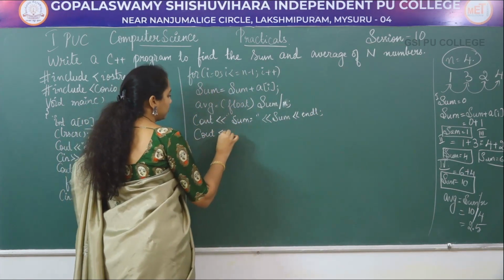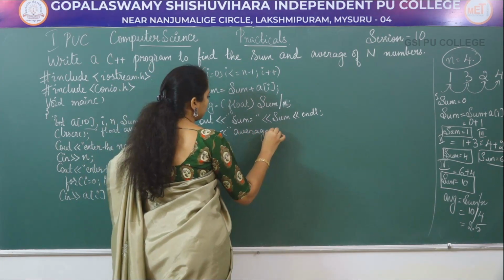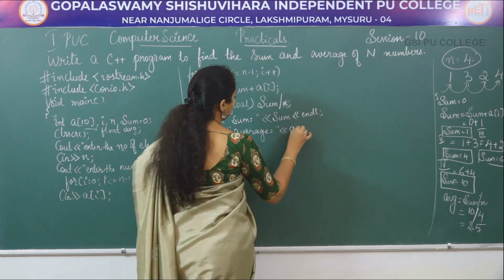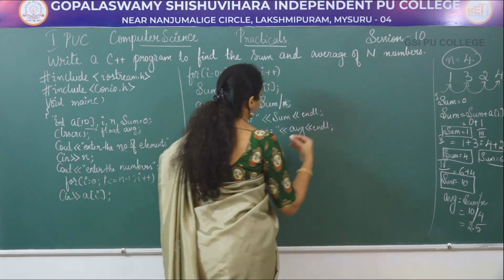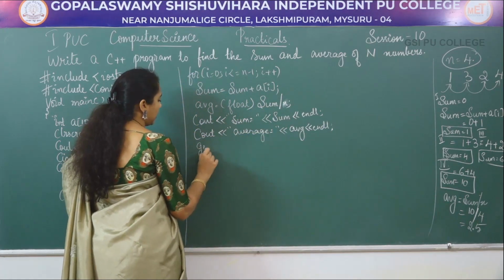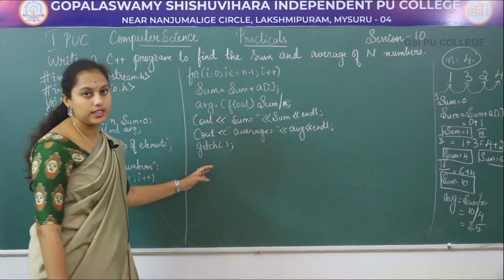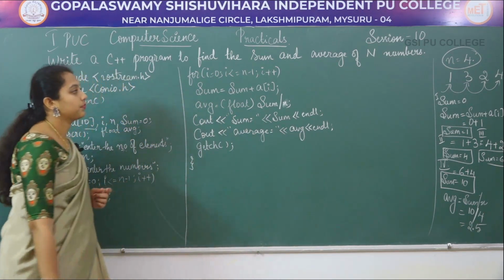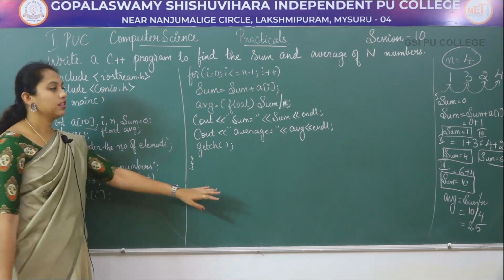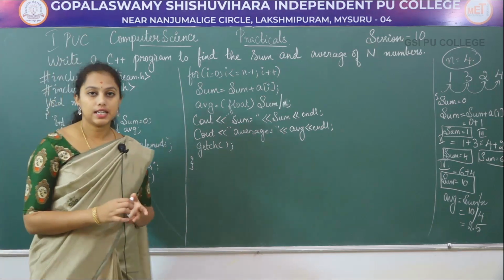Cout, average. getch: it holds the output screen until the user presses any key on the keyboard. So this is the program to find the sum and average of n numbers.